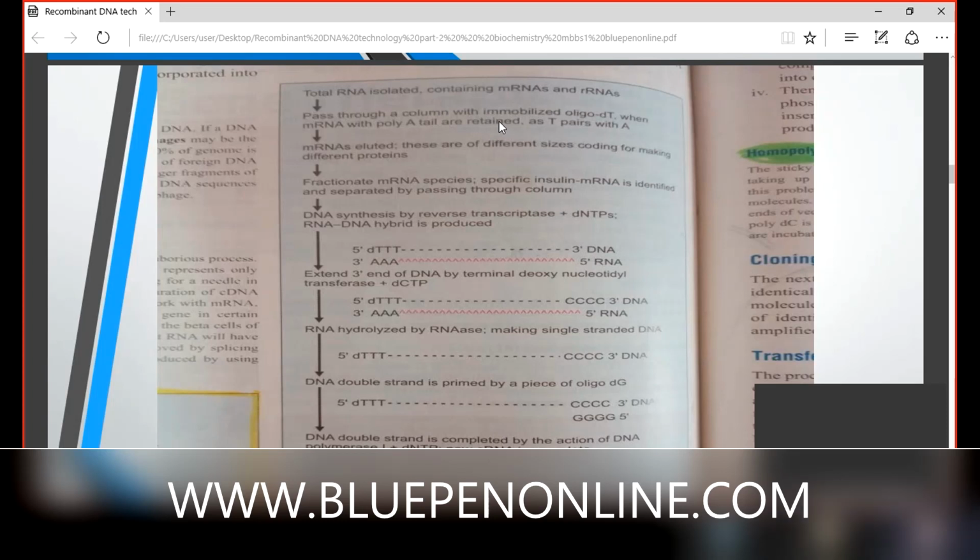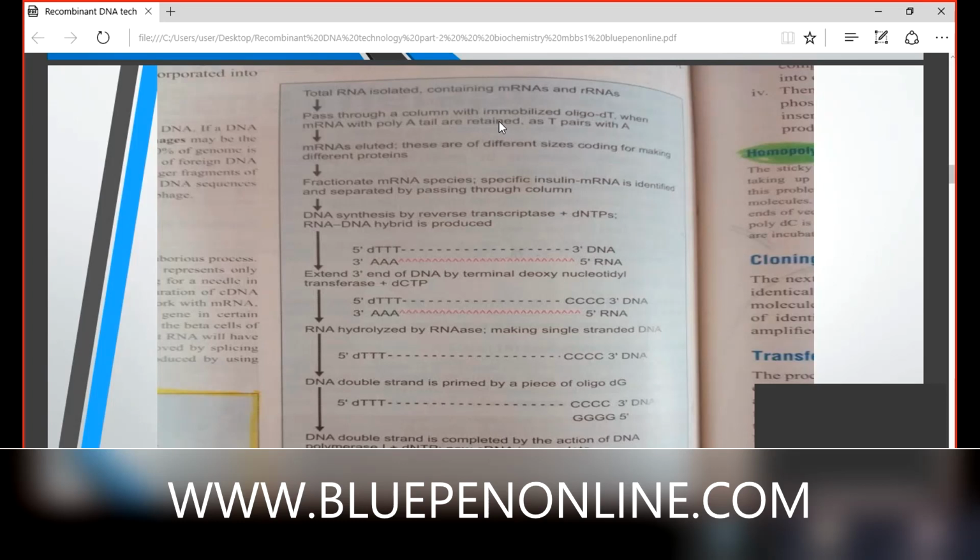So we discussed that this poly A tail acts as a signal, and we can use this poly A tailing as a signal molecule. We pass this rRNA and mRNA through a column that contains immobilized oligo-dT.